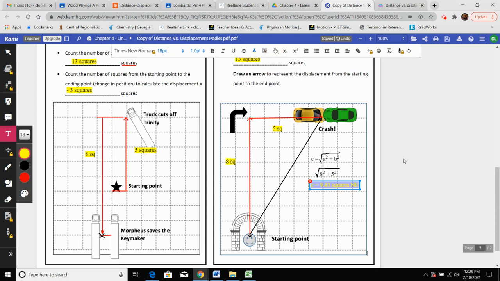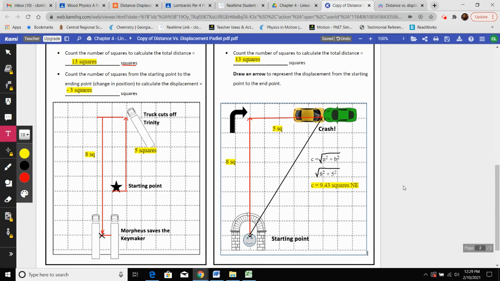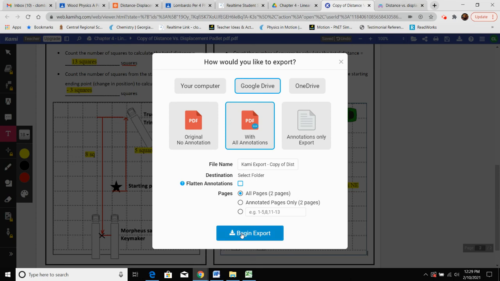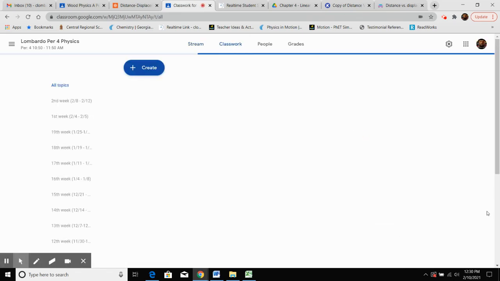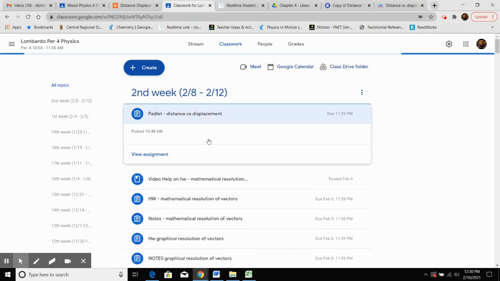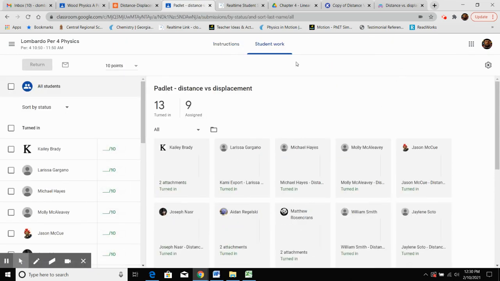There you go. Nice. All right, guys, then you can go to File, save it, and then submit. Some people were having trouble. If you click download, not to your computer but to your Google Drive, you can begin the export. It will save to your Google Drive, and then when you go into Classwork and select View Assignment, you will be able to turn it in.